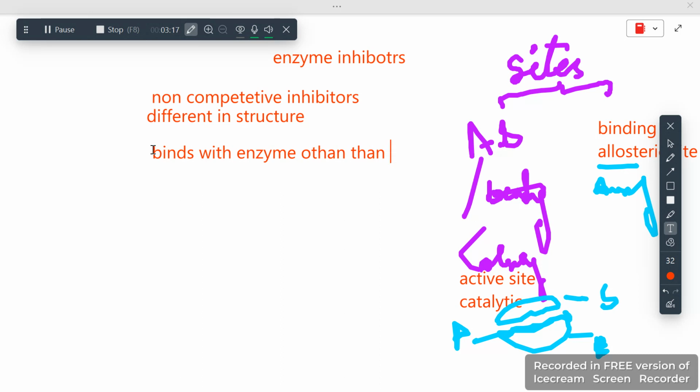So they will not fight, nor have any competition with the substrate being attached. That's the biggest difference between competitive and non-competitive. These bind with the enzyme but not at the active site.